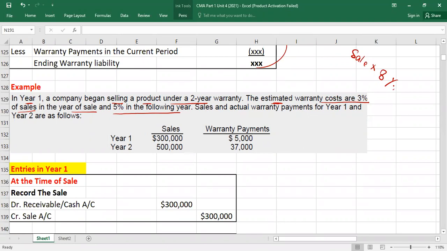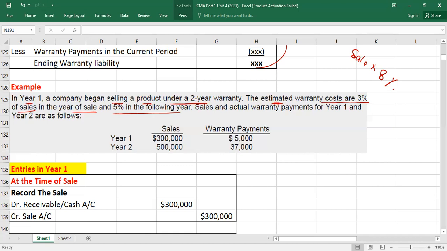You might think, oh, I have to pay 3% only in the first year, so I will book expense and liability of 3%. No, you have to book expense and liabilities for the total payments, regardless of when you will make them. Total percentage is 8%: 3% in the first year and 5% in the second year.